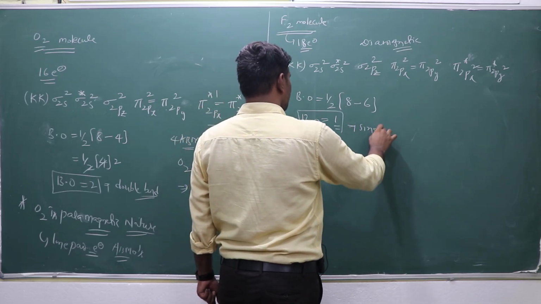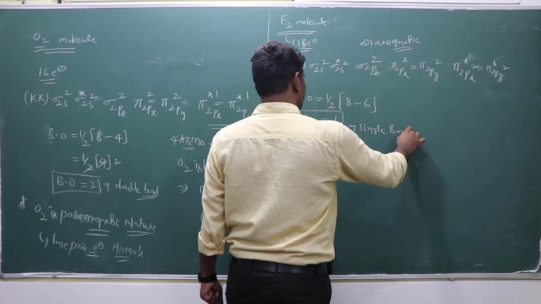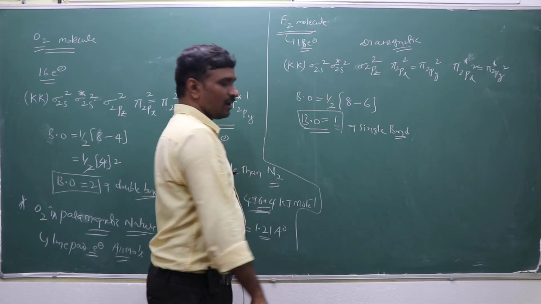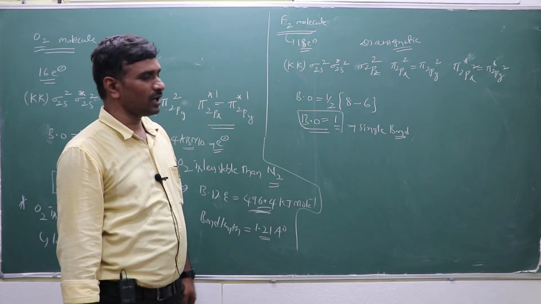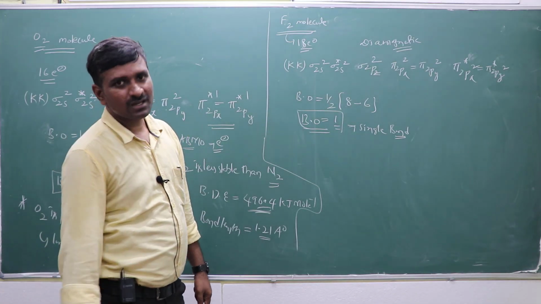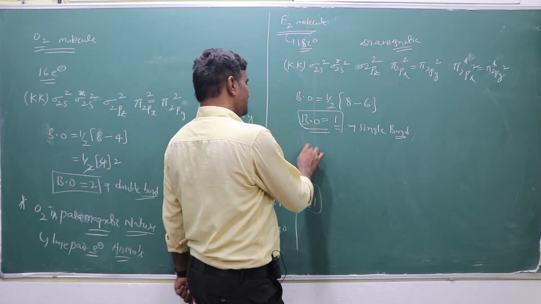Bond order 1 means a single bond is existing. Although a single bond is existing, compared to N2 and O2, is F2 stable or not? F2 is less stable.